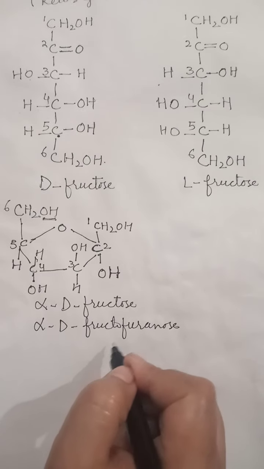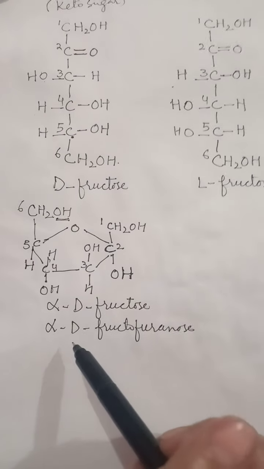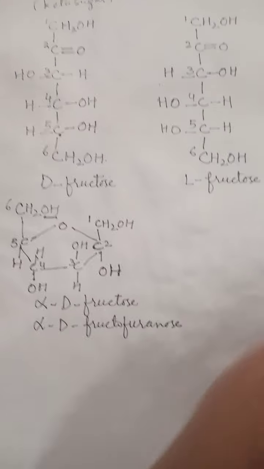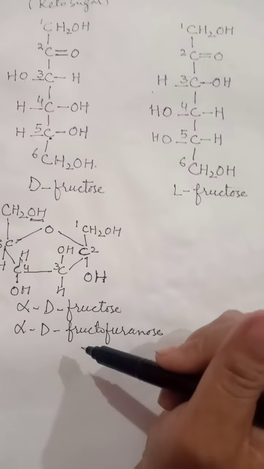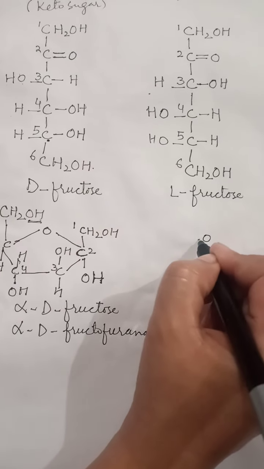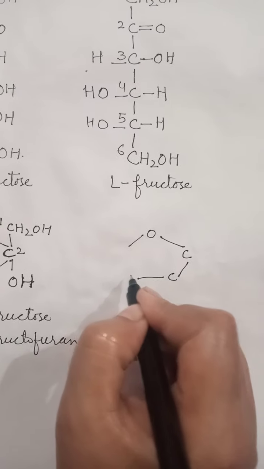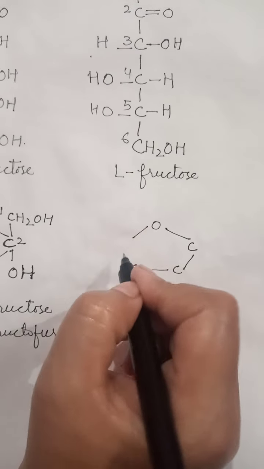Now why am I writing furanose with it? Because pyranoses are also possible, since this is a 6 carbon sugar, so it can be written in pyranose form as well, but here I am discussing only the furanose form. Now I will write beta D fructose.